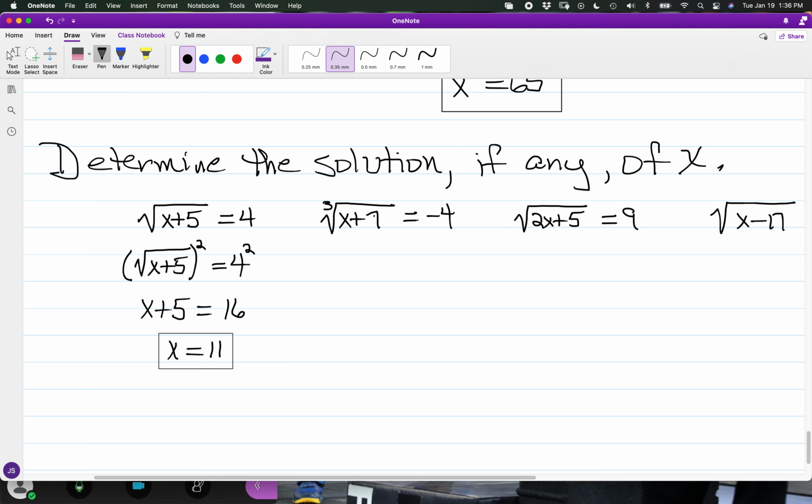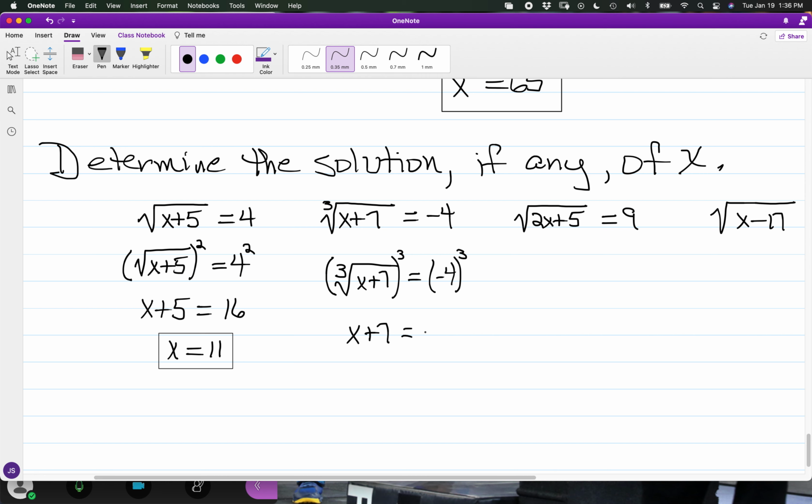So we can proceed. So we have the cubic root of x plus 7 equal to negative 4. I can take care of the radical and free up the x expression upon cubing both sides. So on the left-hand side, this will become x plus 7.